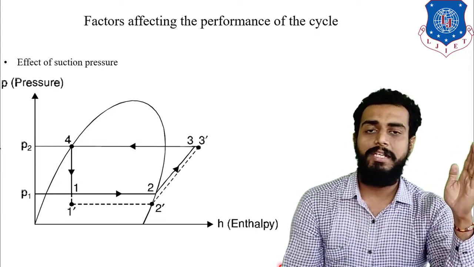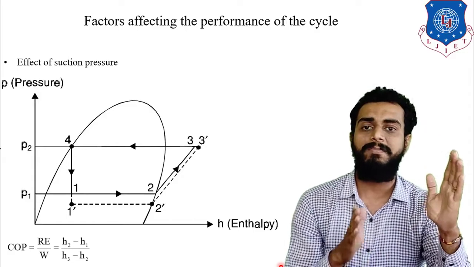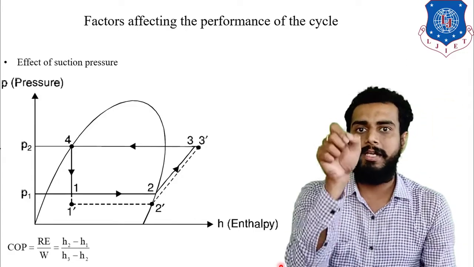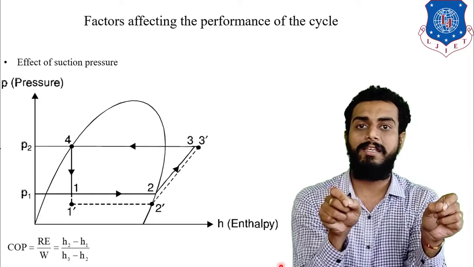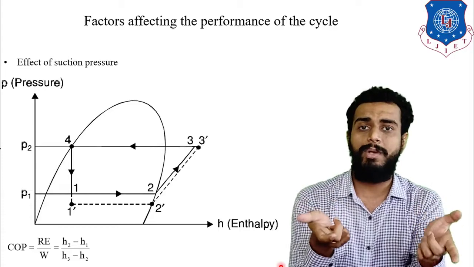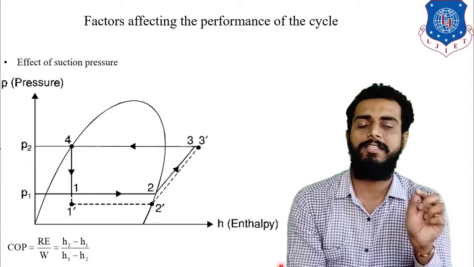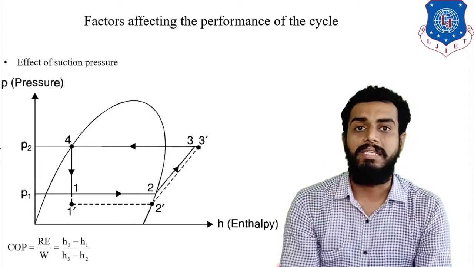Corresponding to 3 dash and 2 dash, the enthalpy difference is H3 dash minus H2 dash. You can take a vertical line from 3 dash and from 2 dash. Easily you can visualize that this value is higher compared to the former one, H3 minus H2. So the work done has also increased.